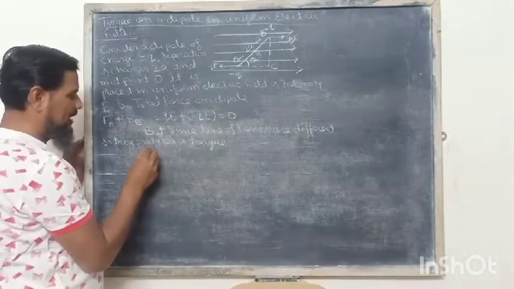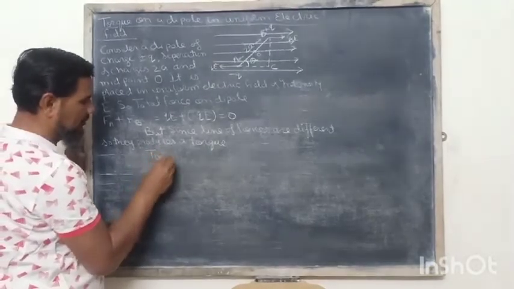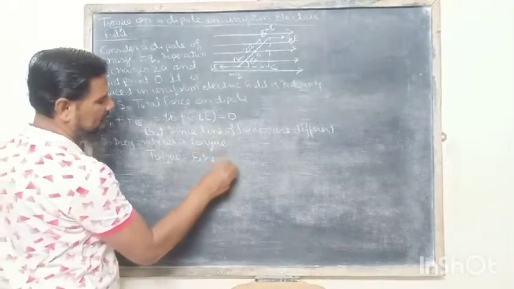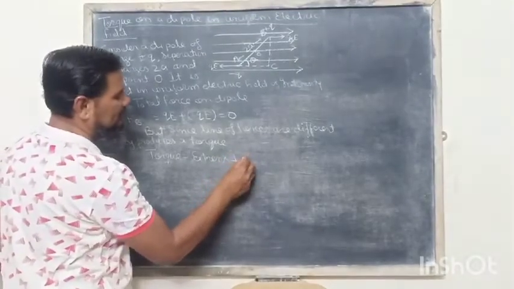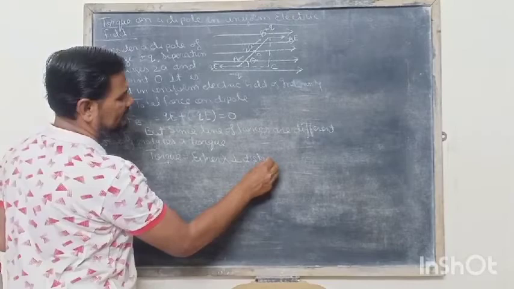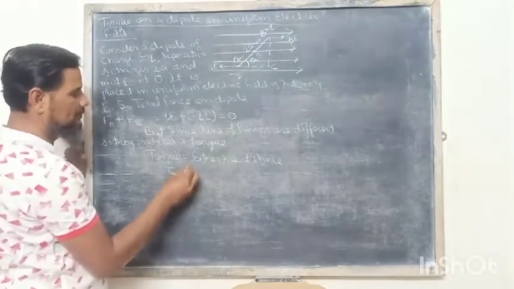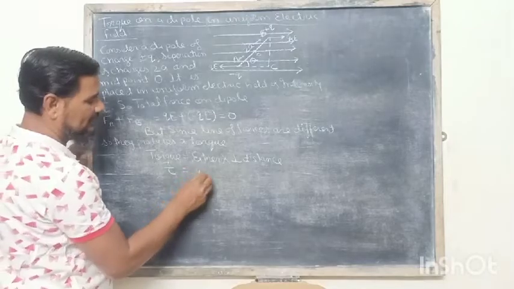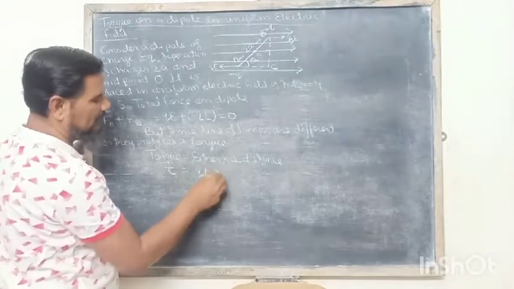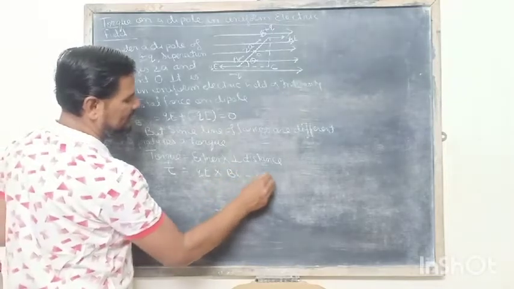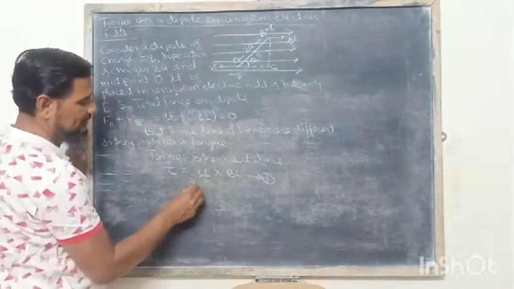And according to the definition of torque, torque is equal to either force into the perpendicular distance between the forces. Tau is the symbol. Either force is QE and the perpendicular distance is BC. This is equation number one.